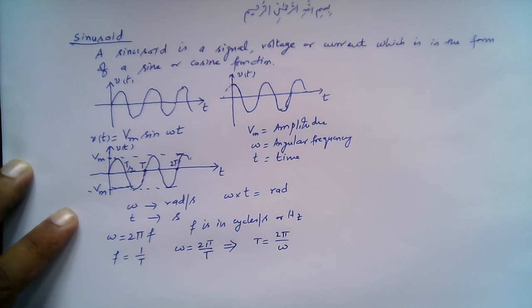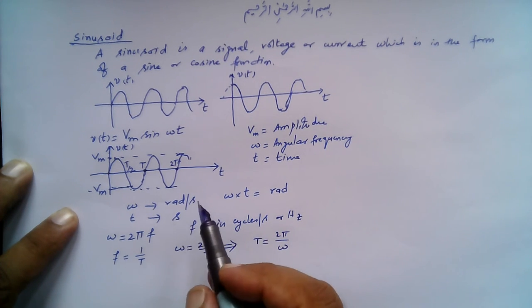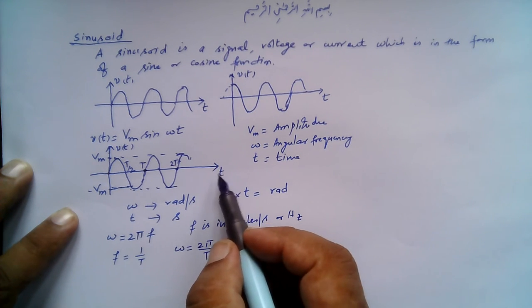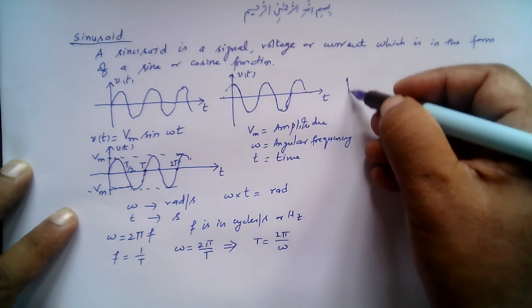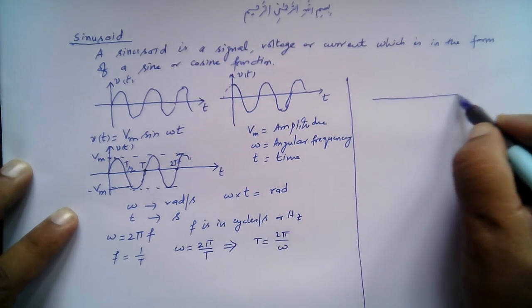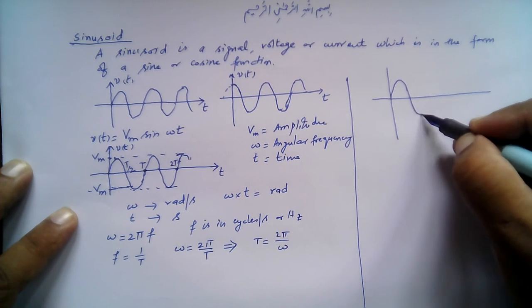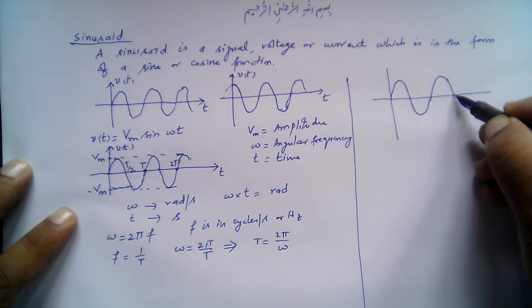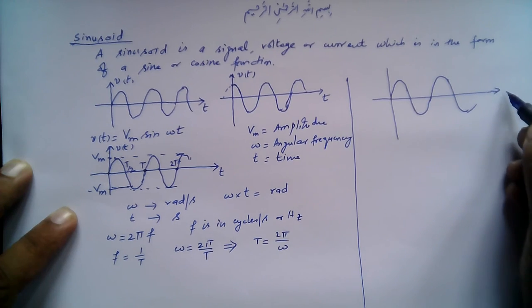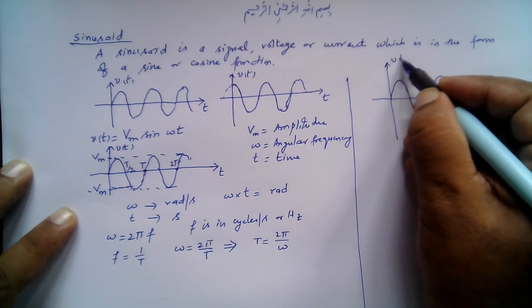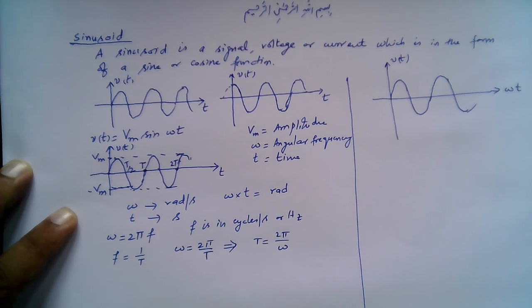So we can actually take this axis along omega t also, for example. Let me redraw this here again. So here we have now omega t, and we have v of t here.